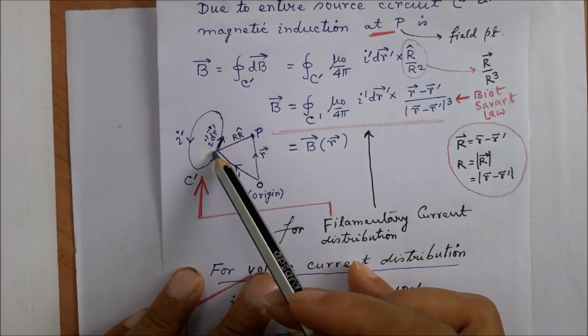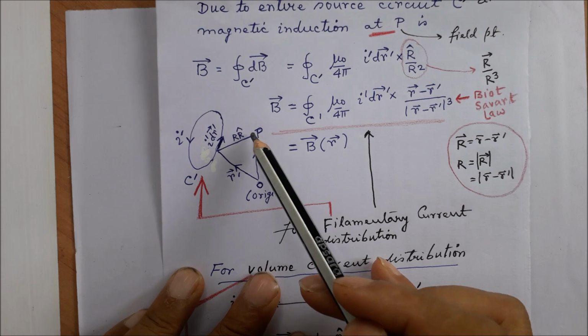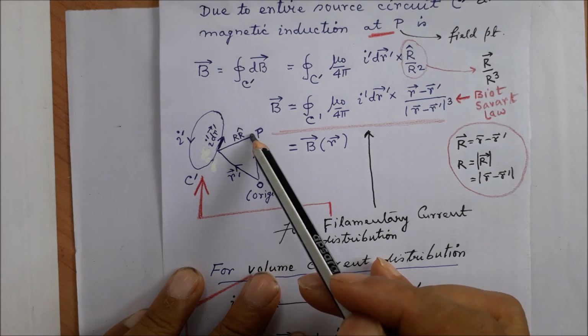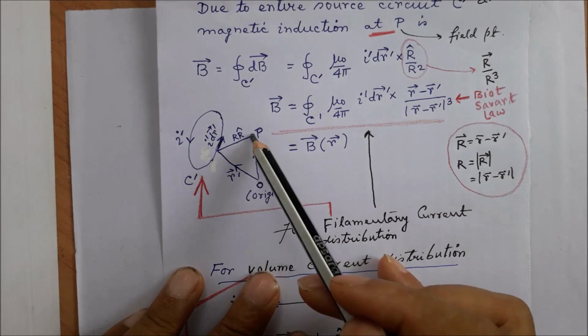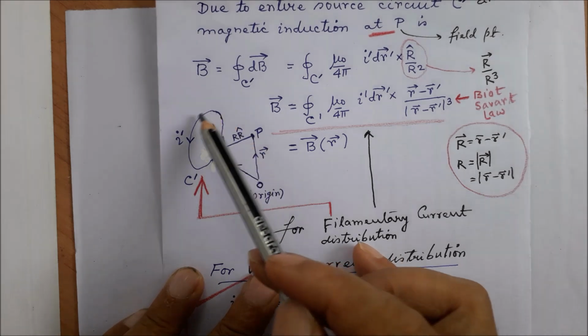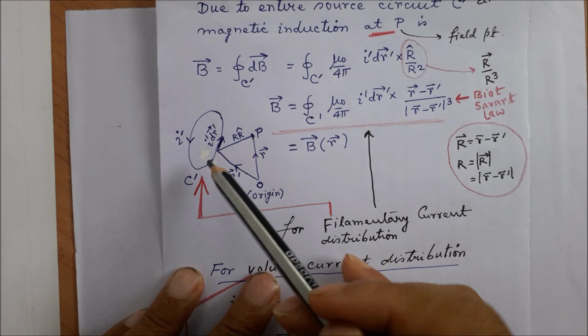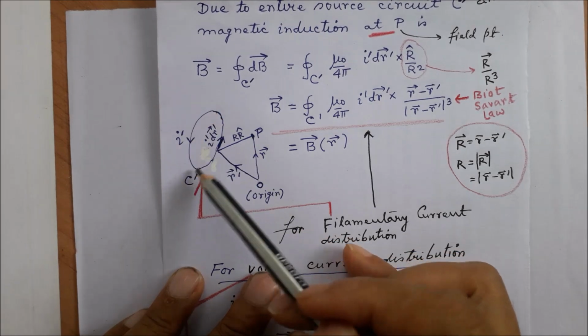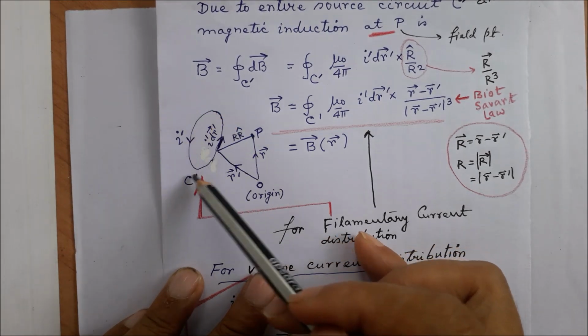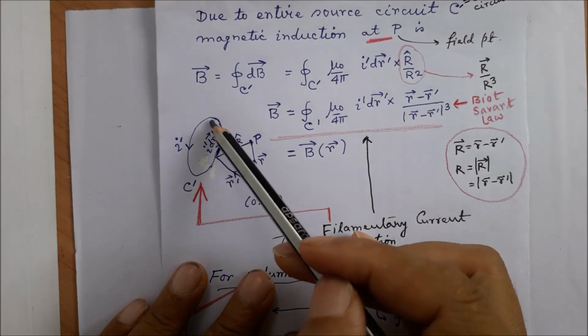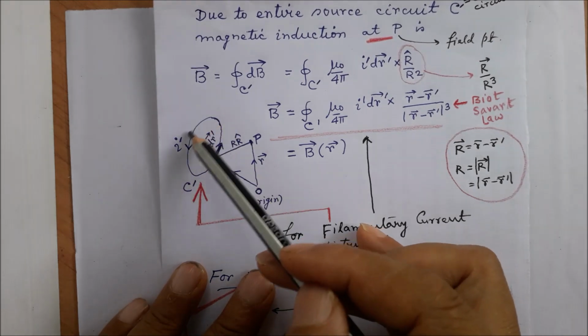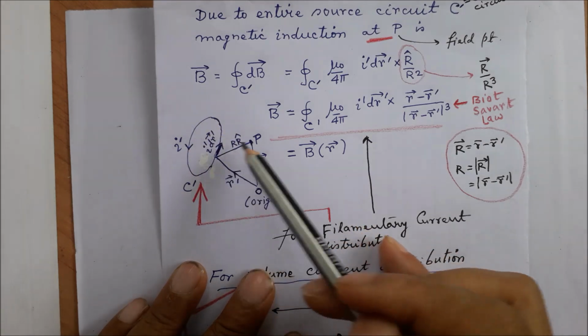So if I prime dr prime produces a field or magnetic induction at P, then the circuit also will produce a magnetic induction here, and the effect of the entire circuit can be obtained if we integrate over the circuit. So the circuit is made up of several such I prime dr primes, and therefore we can just integrate to get the total effect of C prime at P.